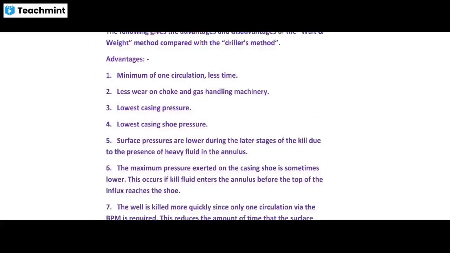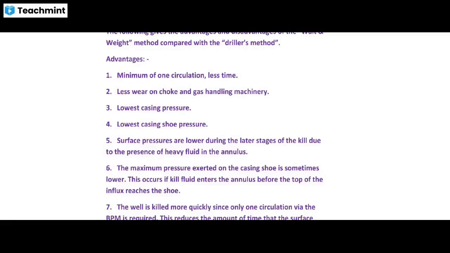So these are the points which you should remember.